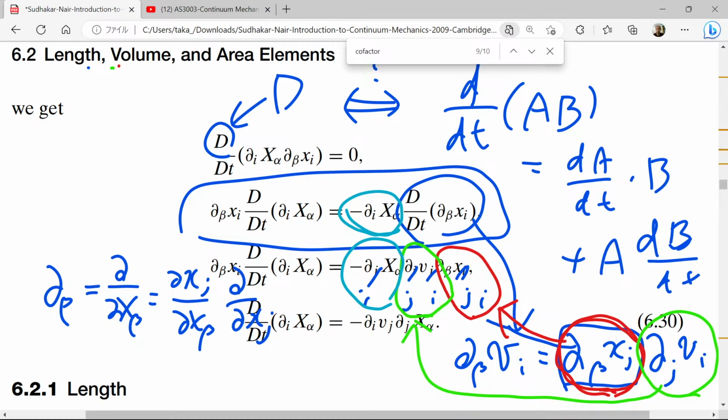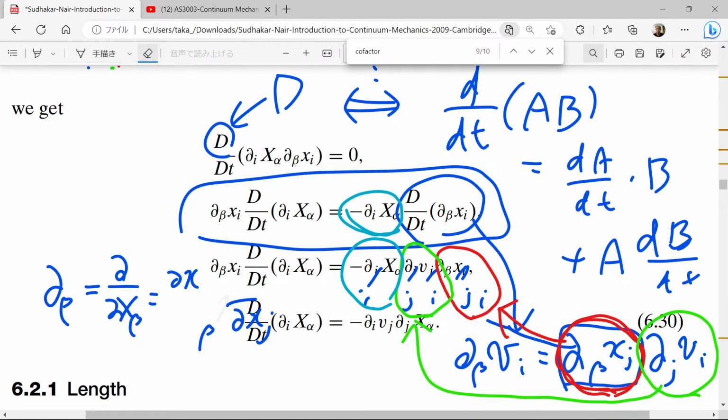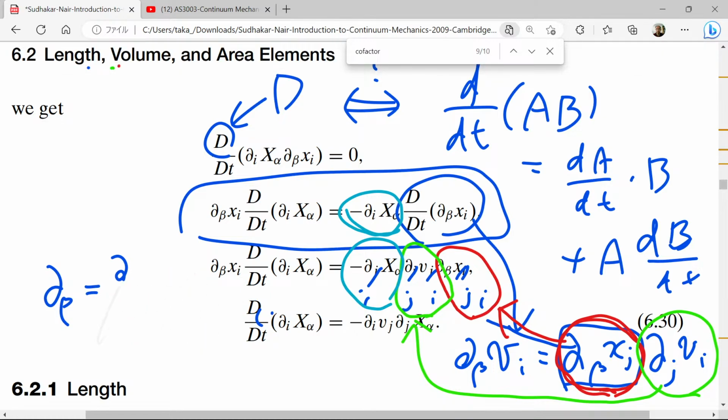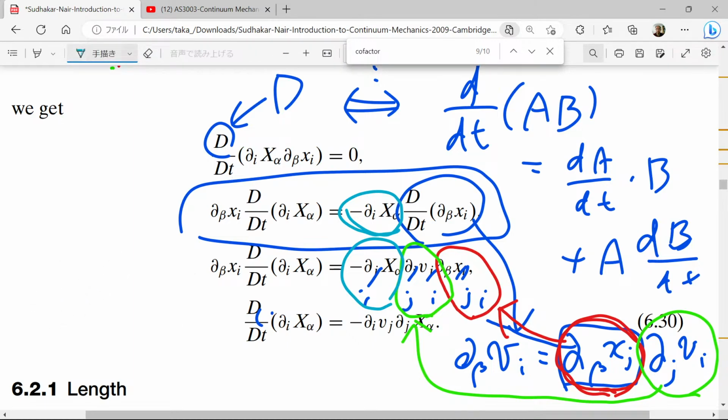So this division is a little bit strange. I don't get this division part very clear because this i is a summation. i is for summation, right? So then how can you?